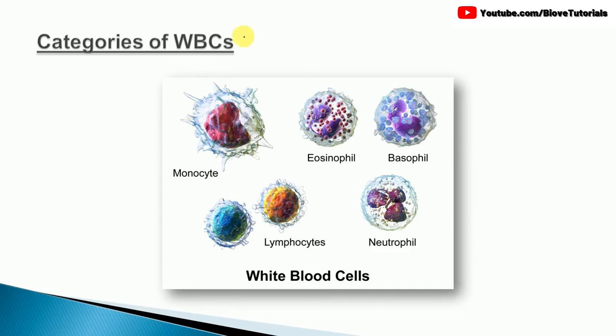Now these are the categories of WBC. First, see, WBCs are divided into 2 categories. The first one is granular. Granular means the presence of granules. As you can see here, in this case or in this case, there are small granules present in the cell. So these are called granular.